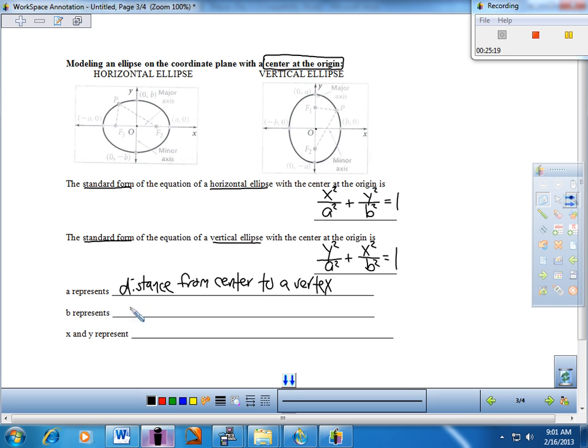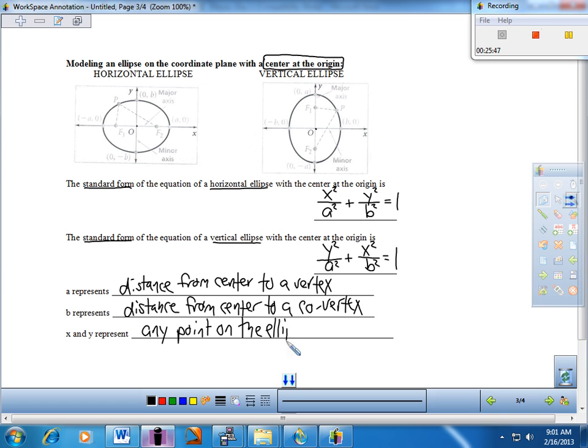B, of course, represents the distance from the center to a covertex. And of course, the x and y's represent really any point on the ellipse, the infinite number of points that make up the ellipse.